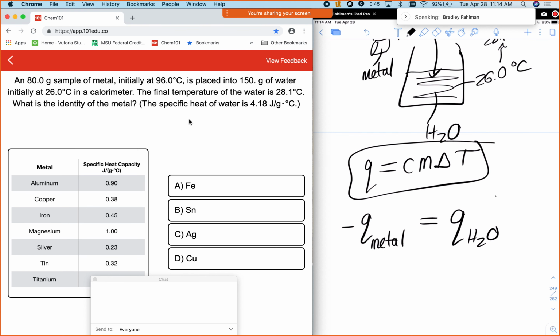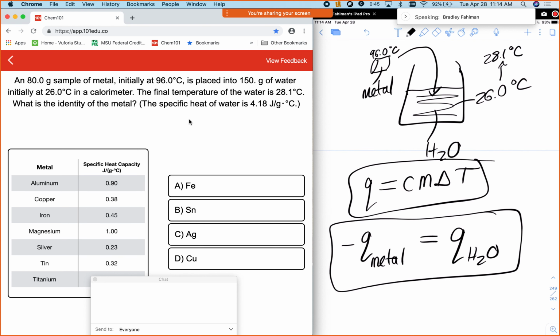Does everybody get this? The magnitude of that heat is going to be the same. It's just the flow of heat that is different, because it's being removed from the metal and going into the water. This goes up and this goes down in temperature.